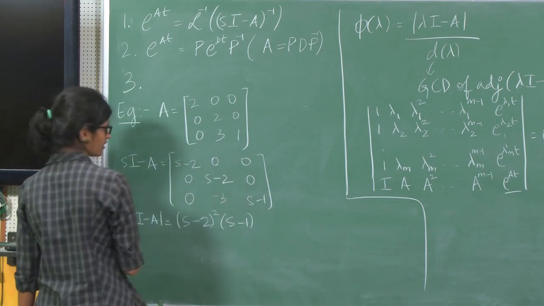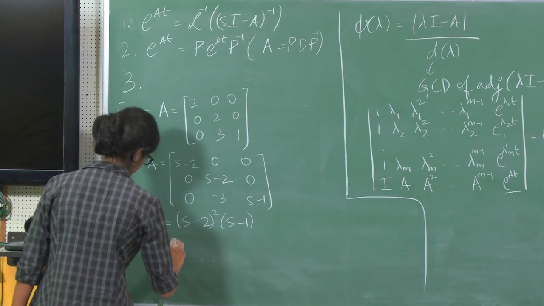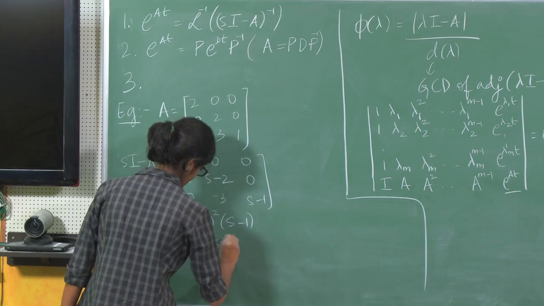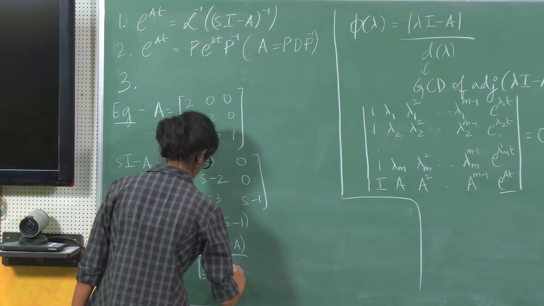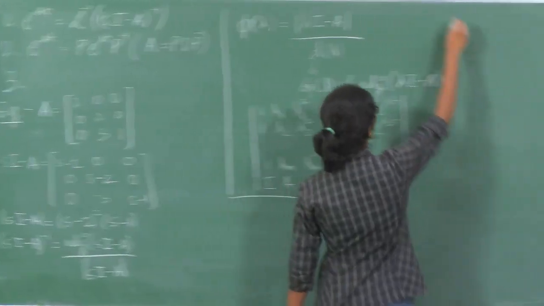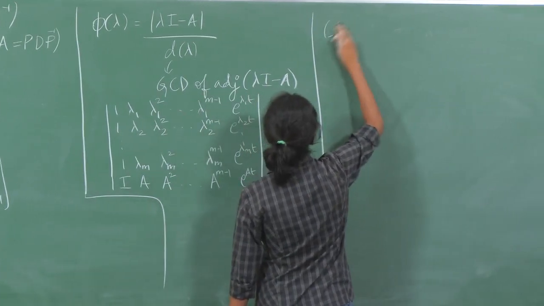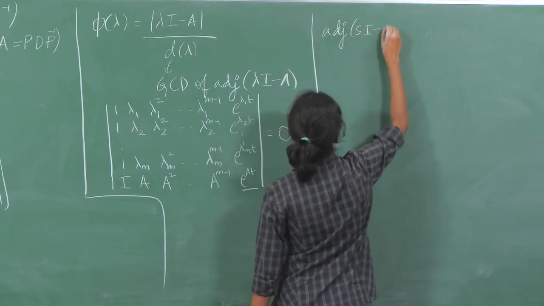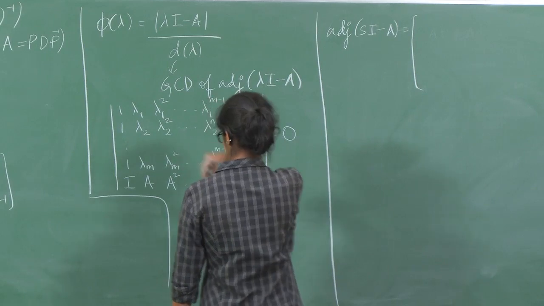And then your sI minus A inverse is the adjoint of sI minus A by the determinant. Okay, so the adjoint of sI minus A.